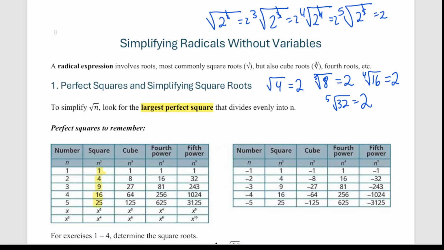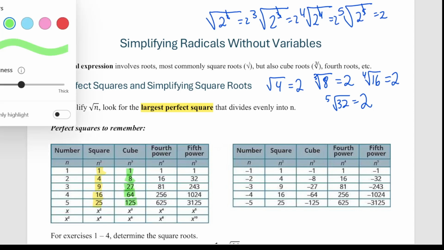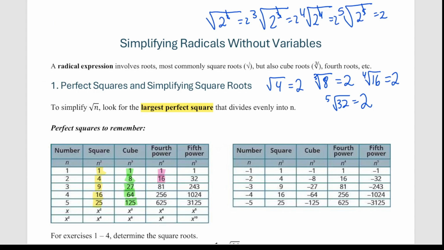So we're talking about square root of 1 is 1, square root of 4 is 2, square root of 9 is 3, square root of 16 is 4, square root of 25 is 5, because 5 times 5 is 25, 4 times 4 is 16, etc. Similarly, knowing a lot of your perfect cubes would be helpful as well. And then you can even go crazy and know your perfect fourths, perfect fifths, etc.